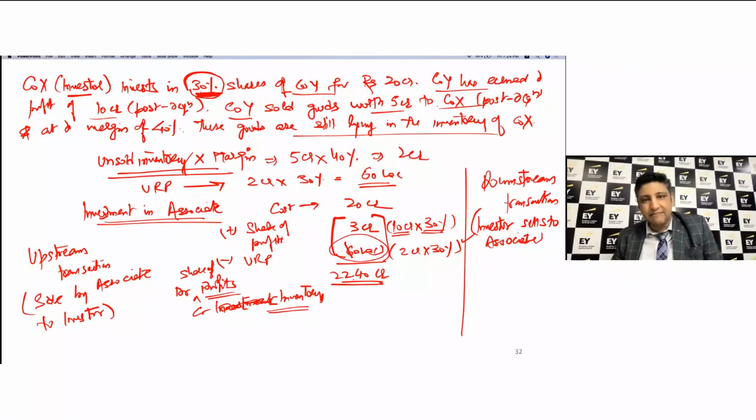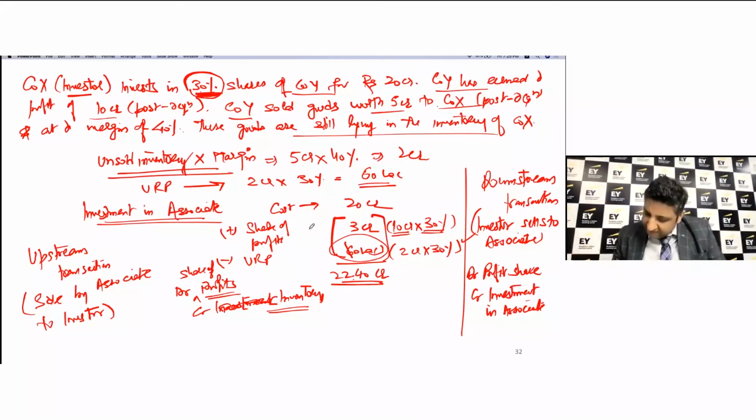So the impact that we take as far as a downstream transaction is concerned, we still reduce the profit share. But the impact is made through the investment in associate.